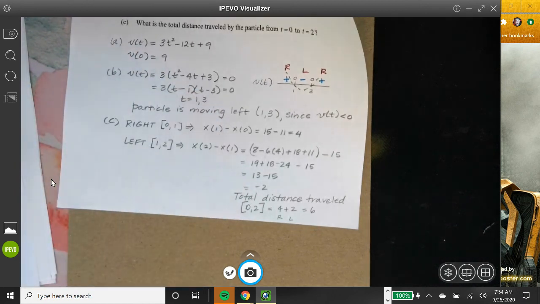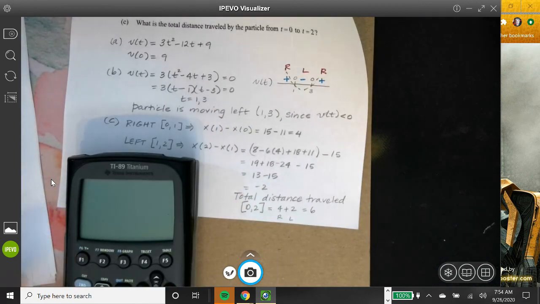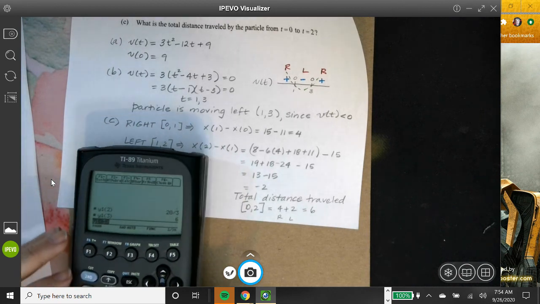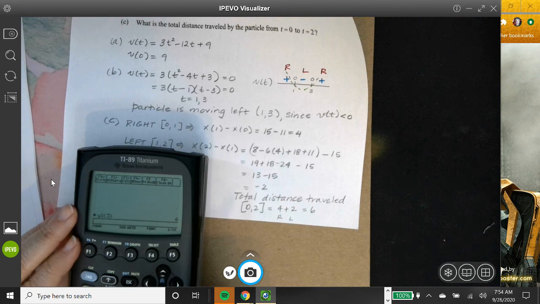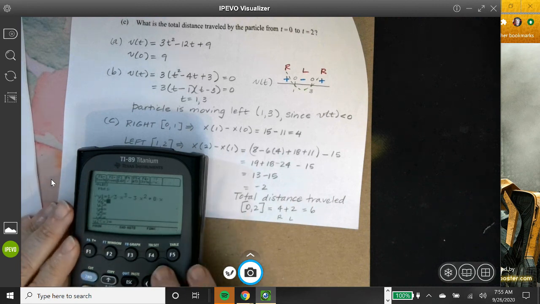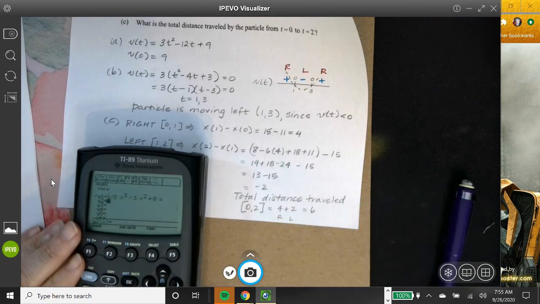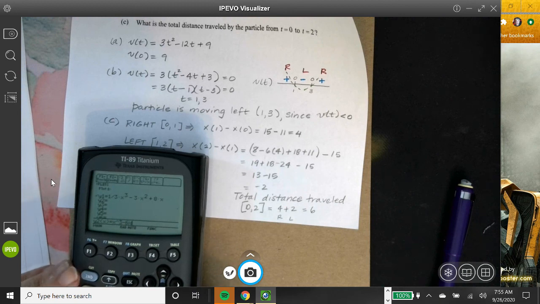Oops, I'm sorry, wrong calculator. Here we go. I'm going to go to F18, clear this out, and then go to y equals and put in my position function. I'm just going to put it in the second one here: x cubed minus 6x squared plus 9x plus 11.